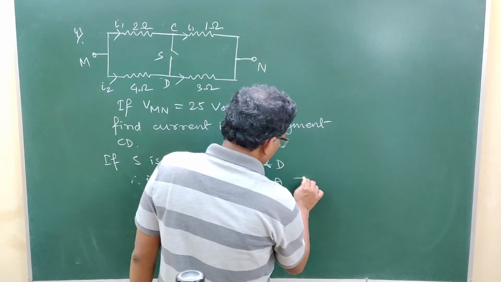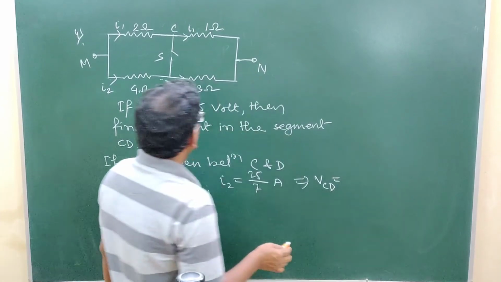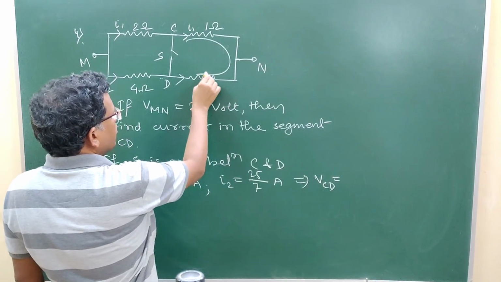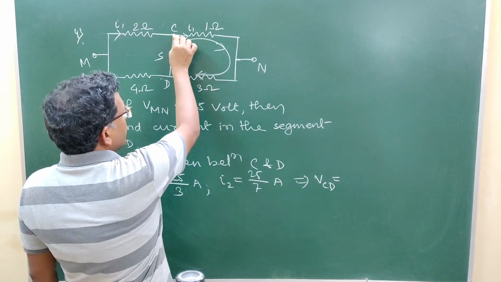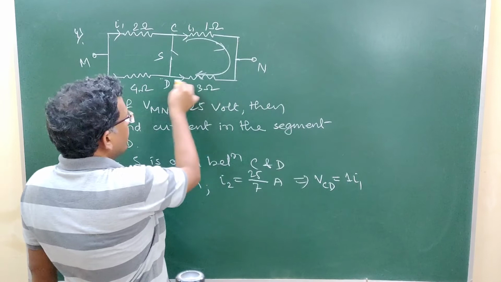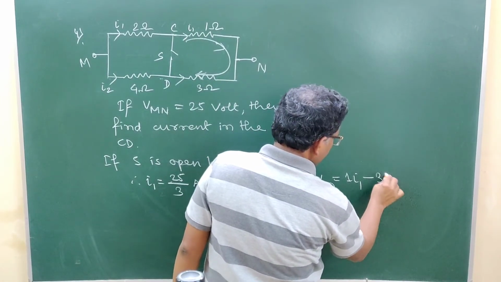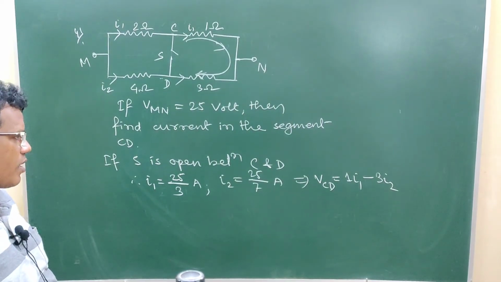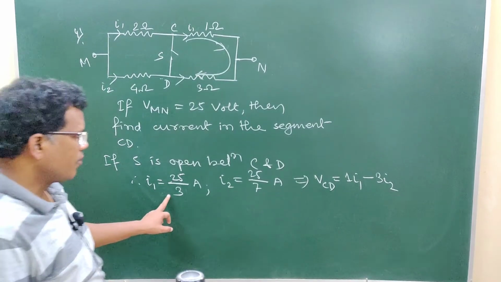That initial potential difference VCD can be calculated using any one of the connected paths from C to D. For example, if I move this way, it will be 1 I1 minus 3 I2, 1 I1 minus 3 I2. That will give us the potential difference between C and D across the switch when it was open.